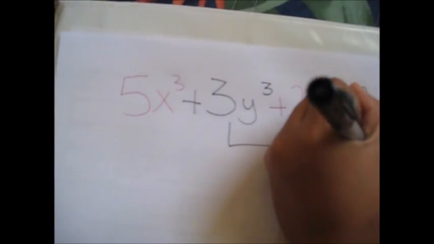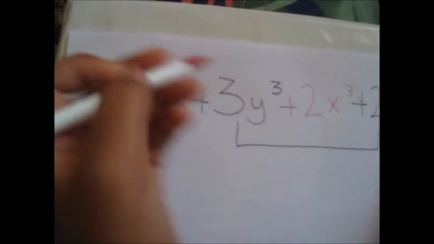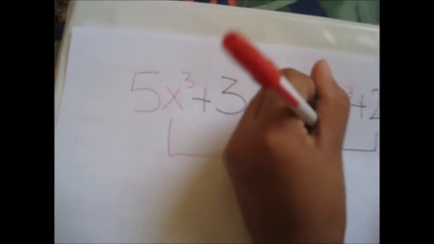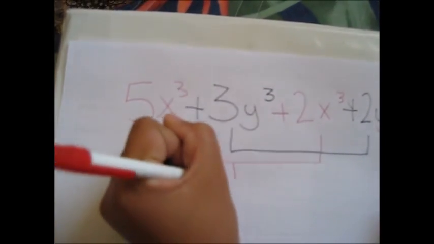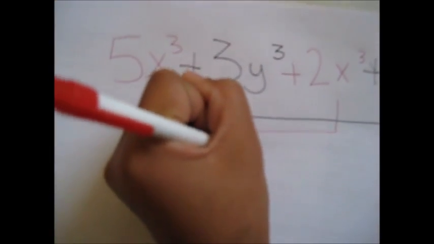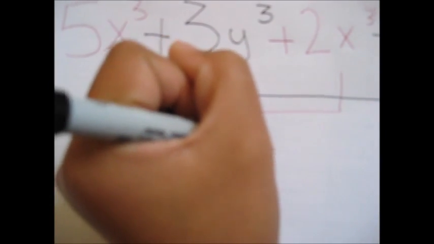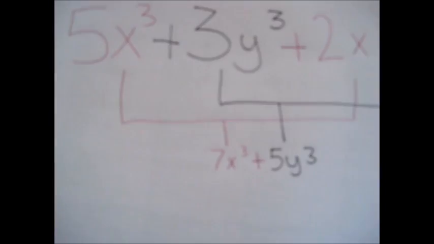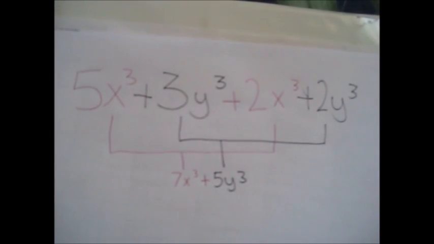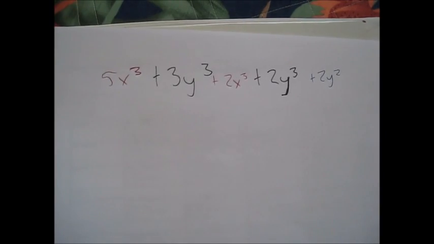So then you want to link up the like terms, make sure they have the same variable and exponents, and then you want to add them together. So 5x cubed plus 2x cubed will equal 7x cubed, and 3y cubed plus 2y cubed will equal 5y cubed. And that's how you add like terms.